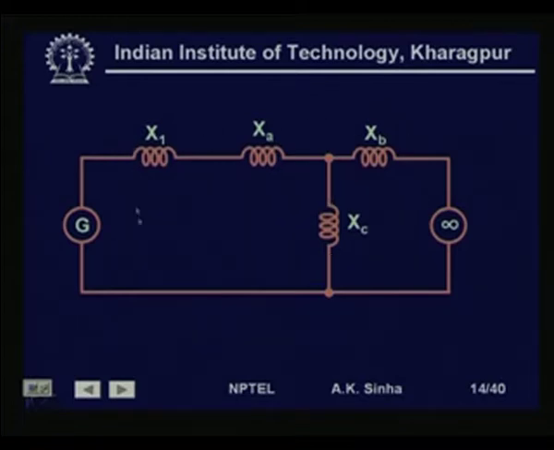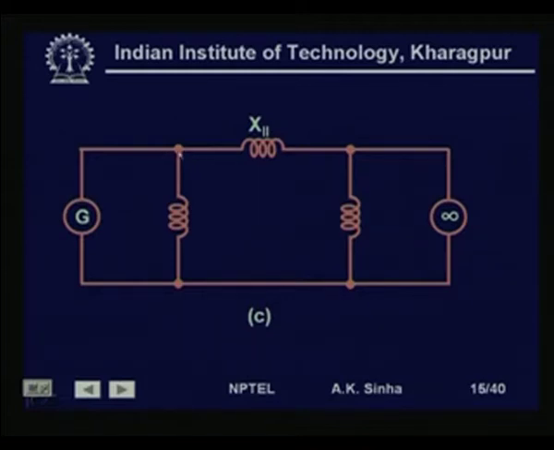Now, again this looks like a star, and this star can now be converted into another delta using star delta transformation, and then we will get this as x 2, and this is an impedance here, this is another impedance here. Now, these two impedances, since they are across the voltage sources, do not have any effect on the power transfer which takes place between this and this.